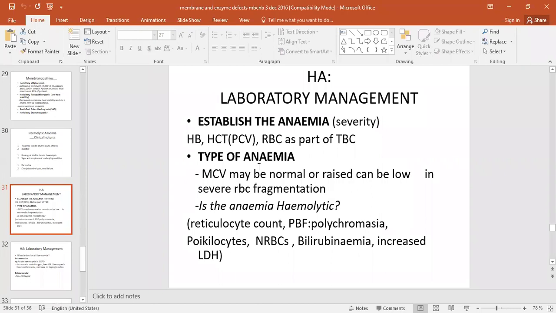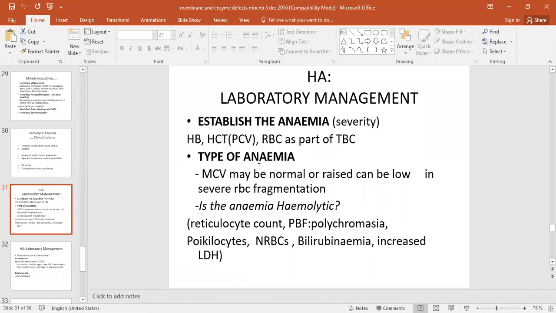So as we prepare towards a wind-up, it is important for us to very quickly mention some of the laboratory investigations that may be necessary. Obviously, for us to establish anemia, we have to take blood and determine the type and severity of anemia.